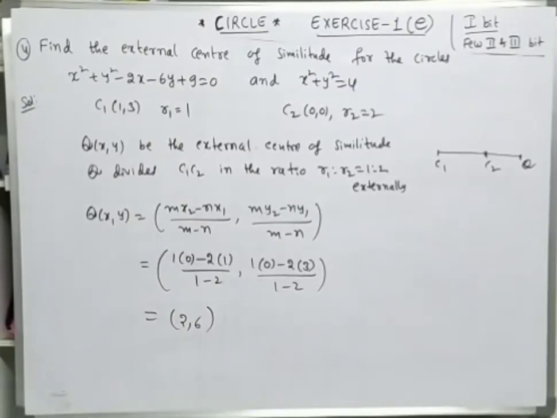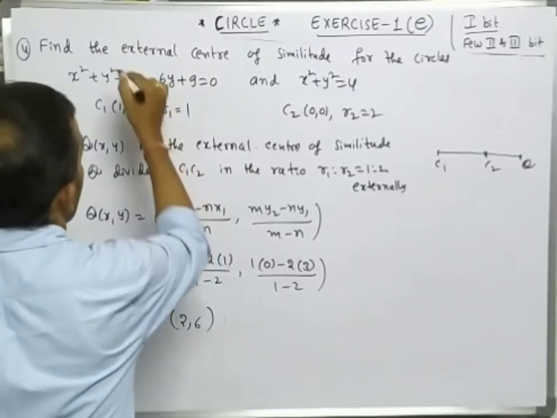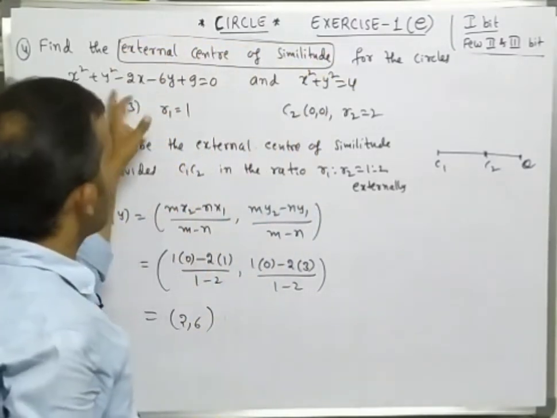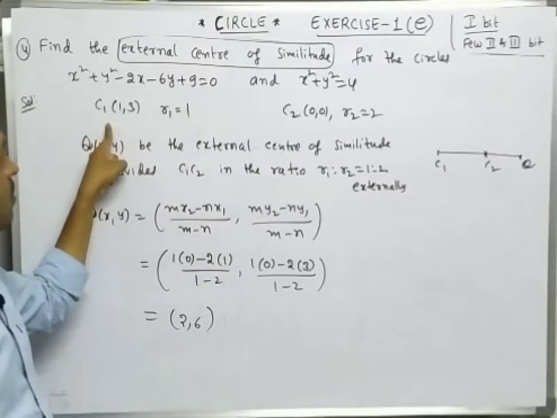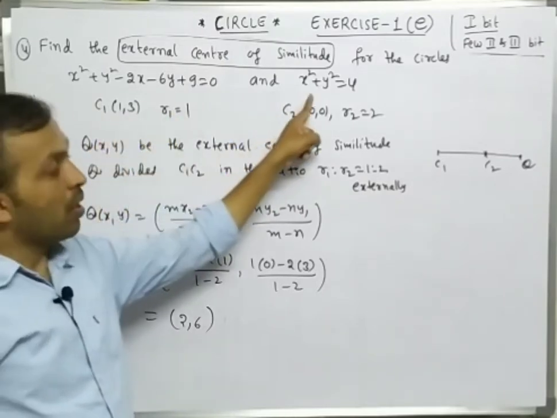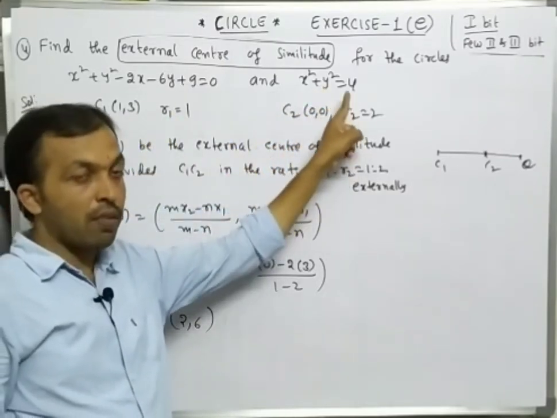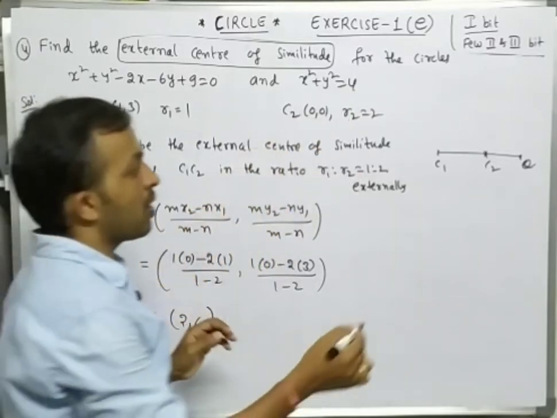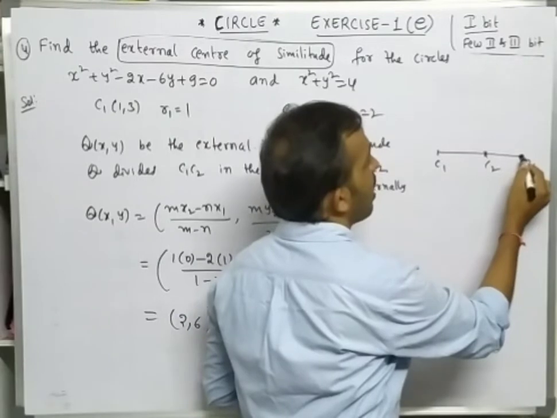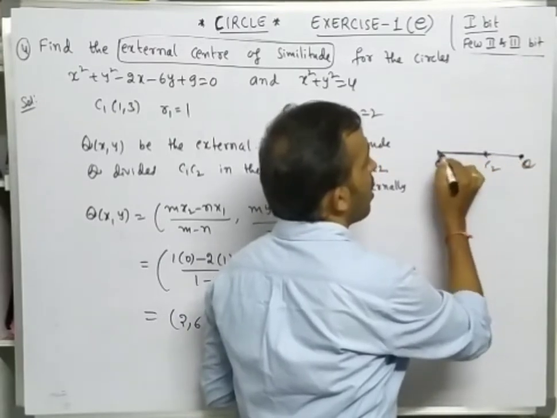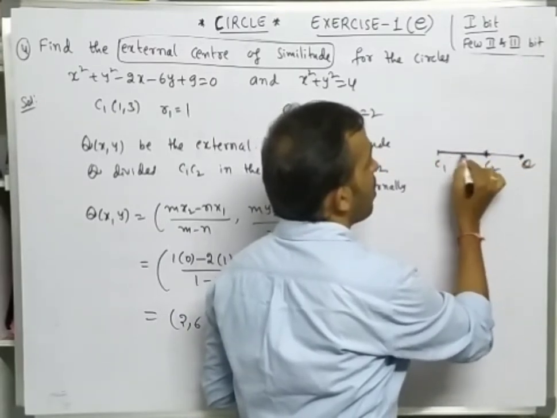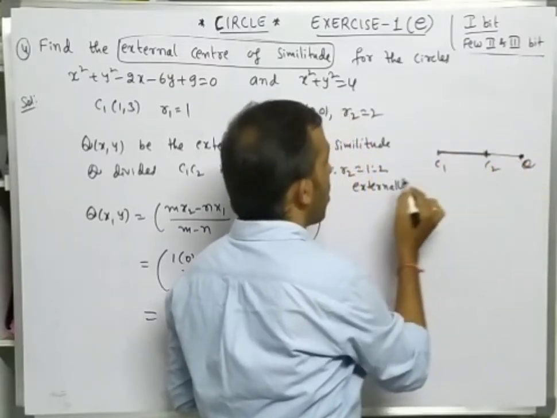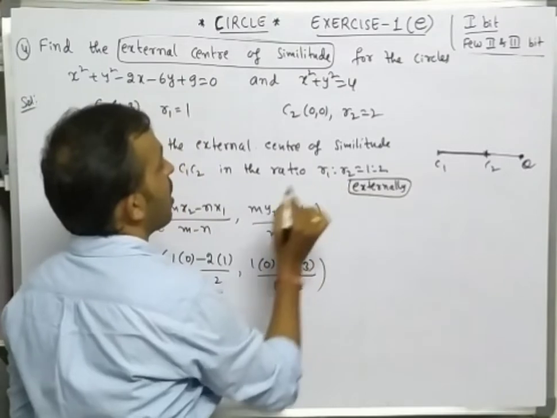In the first bit's last problem, find the external center of similitude. It is similar to the previous problem. Two circles are given, find center 1, radius 1, and center and radius for the second circle, that is C2 R2. Here external center of similitude means this lies outside the line segment C1 C2. So Q divides C1 C2 in the ratio R1 is to R2 externally.